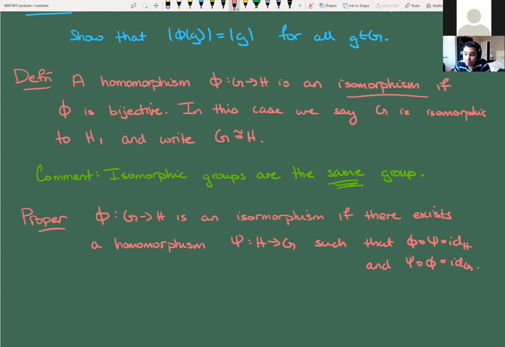That is, phi is bijective, but importantly, its inverse is also a homomorphism. Okay, so the proper definition of an isomorphism is a bijective homomorphism whose inverse must also be a homomorphism.